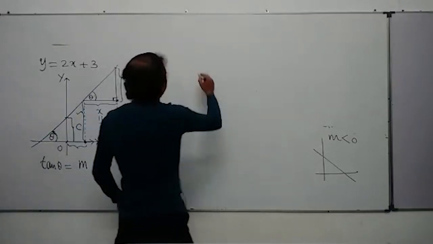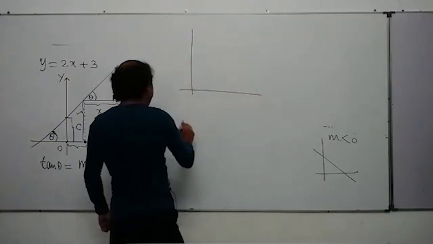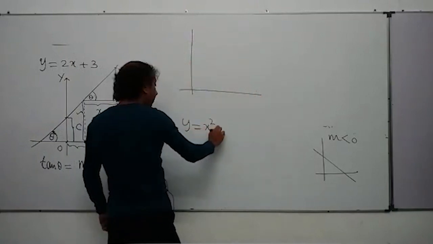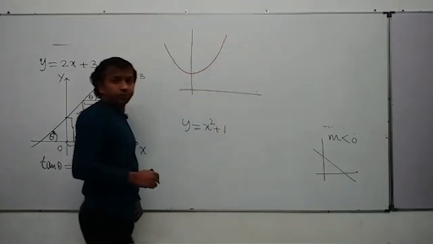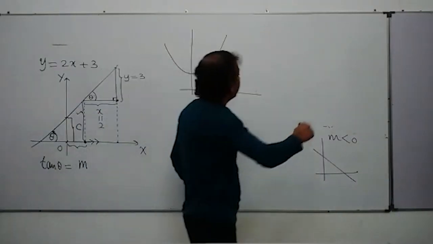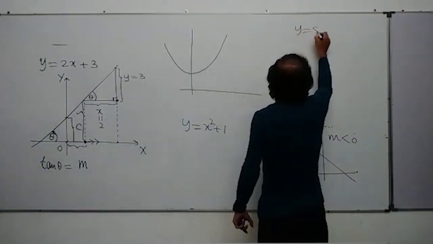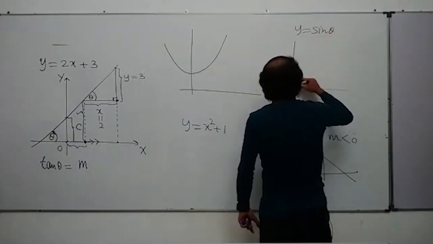Now, when I consider simply a curve like this, y equals x squared plus 1, the curve is a minimum curve like this. We have drawn this in the quadratic equation lesson. And if I consider another one like this, y equals sine theta, the curve is like this.